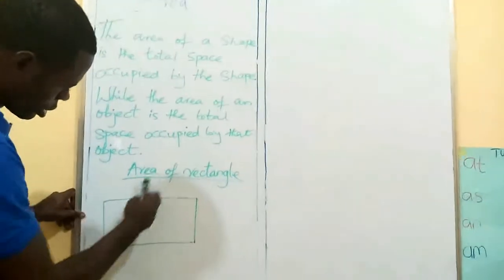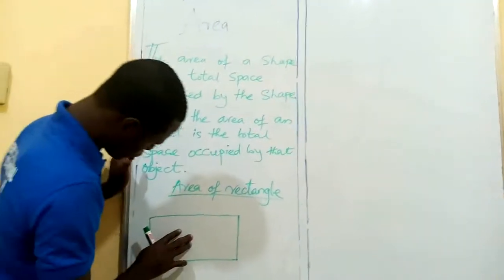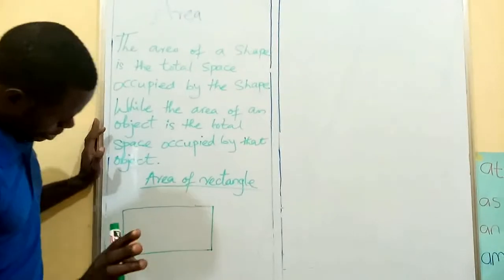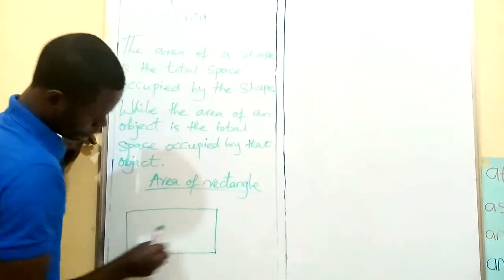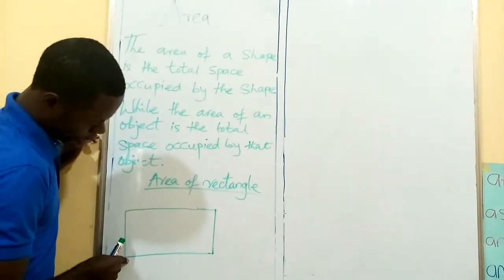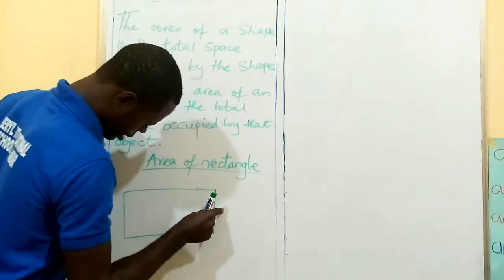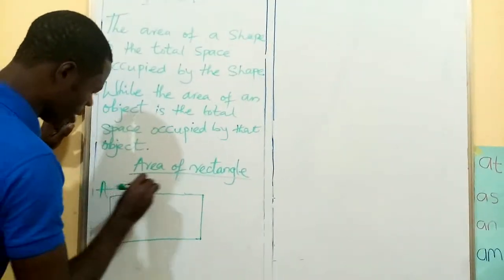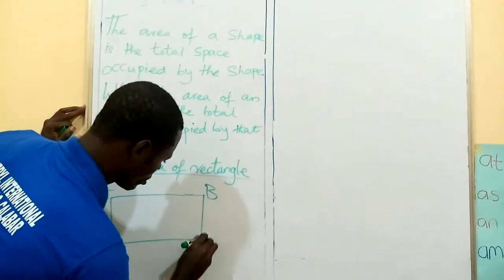I know you all know what a rectangle looks like and you can draw it. A close look at this shape, you discover that it has two sides of different lengths. This side is longer than this one. Also you will observe that this side is equal to this side in length, while this side is also equal to this side in length. Let's call this rectangle A, B, C, D.